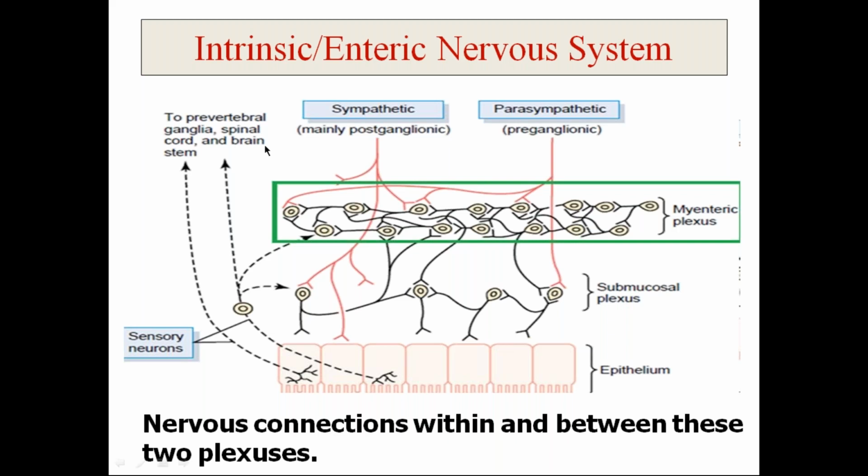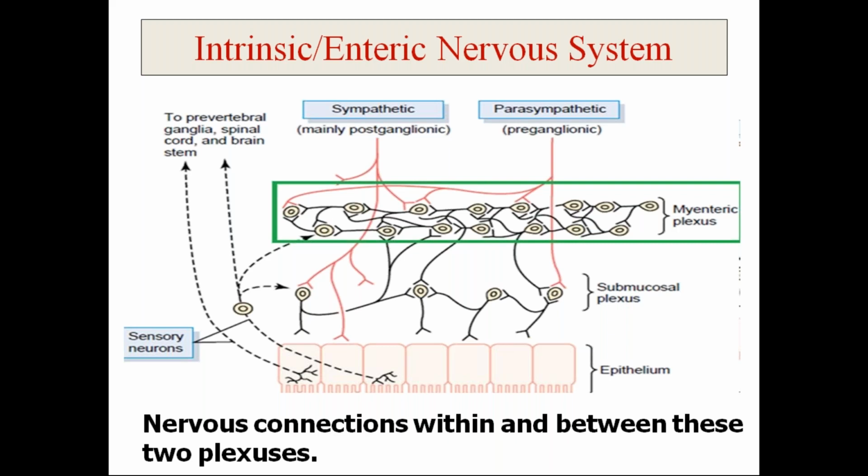So here you can see that the sympathetic and the parasympathetic fibers are synapsing on the myenteric plexus, which is present between the longitudinal and the circular smooth muscle layer, and you have the submucosal plexus, which is present between the submucosa and the muscular layers, right? So you have two plexuses, which I told you about when I showed you the structure.